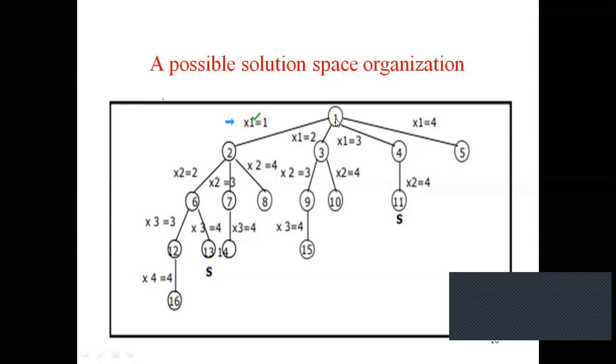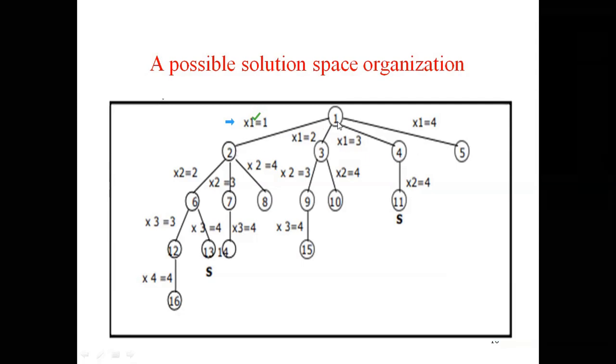We have the paths from node 1. You can consider one path, node 1 to node 2. Again consider another path, node 1 to node 2, node 2 to node 3, or 1 to 3. That means you are taking 3 elements, 3 weights, 1 to 3, 4. All these are subsets.